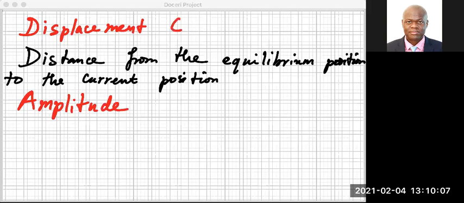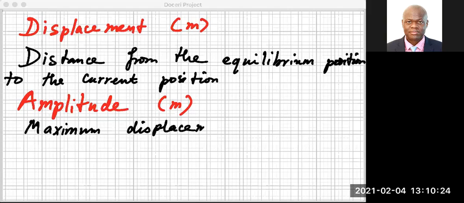Displacement is measured in meters, the SI unit, and amplitude is also measured in meters. The amplitude is simply the maximum displacement, again from equilibrium. Displacement is a measurement of how far the system has gone away from equilibrium.